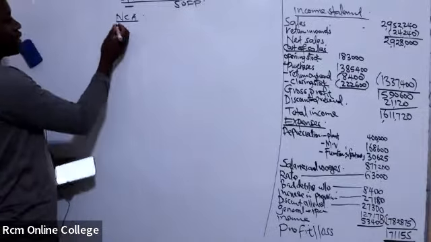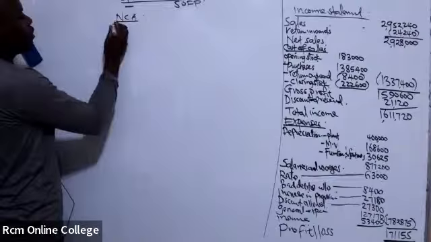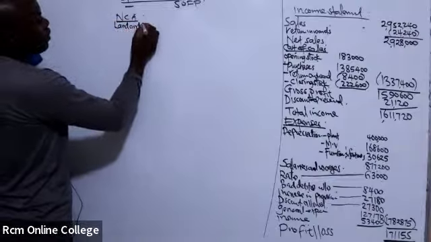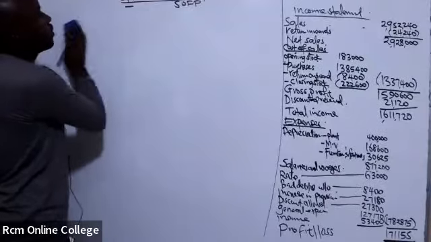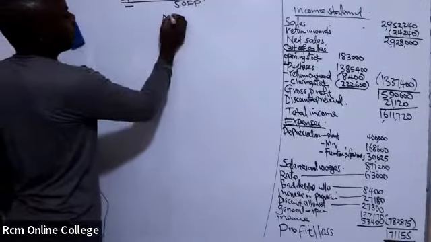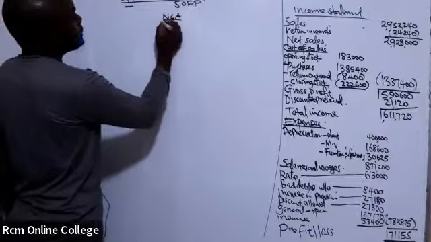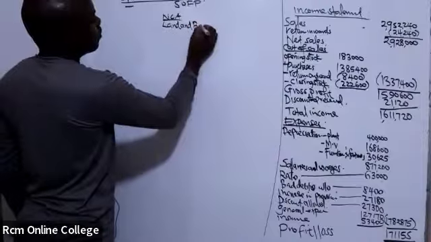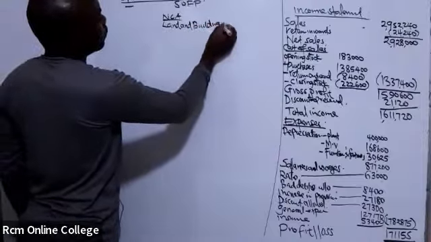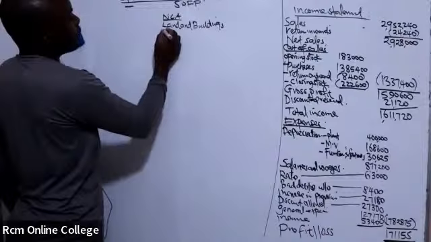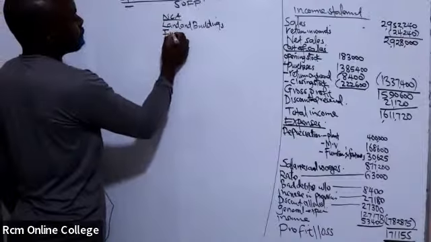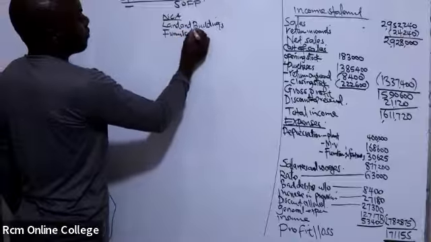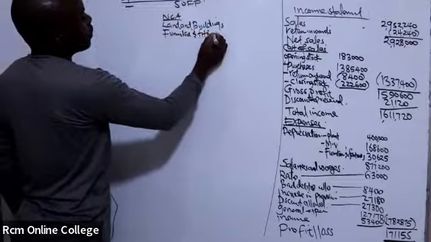So one of the non-current assets we said is land and buildings. We have furniture and fittings.